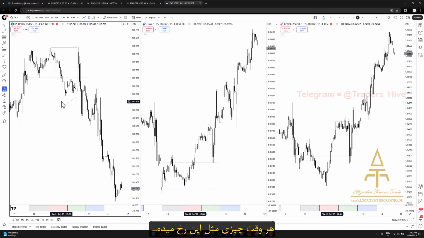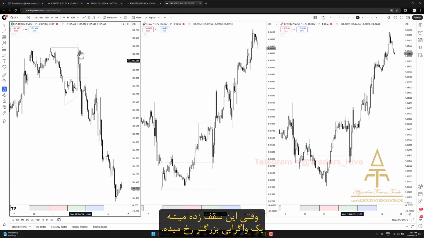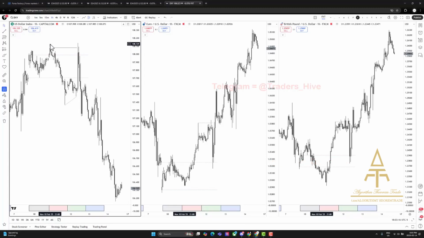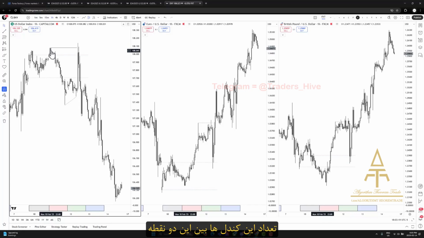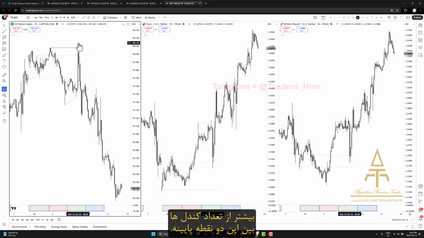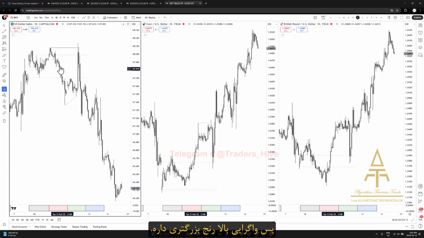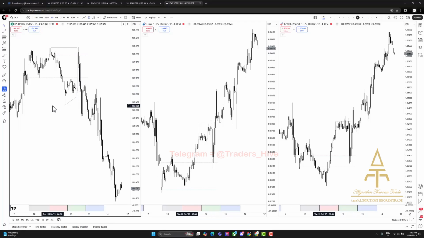Whenever you see something like this occur, where you have SMT leading to price going higher, but once price broke this high, you can see that, I wouldn't call this a larger SMT, but the number of candles between this candle and this candle are way more than the number of candles between this candle and this one. So we have a larger range sequential SMT than this one.